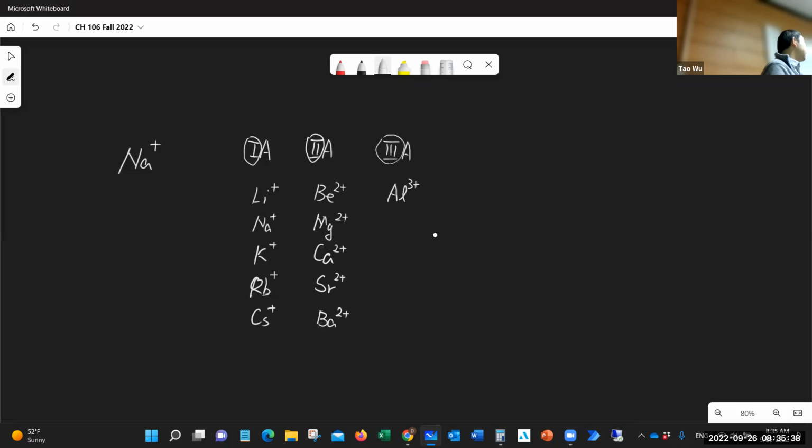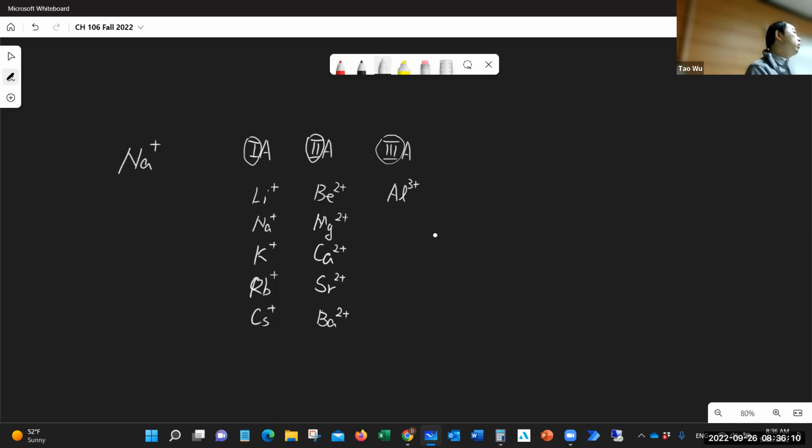Again, this is only for the A group, not for the B group. Not all the B group elements have a similar charge. Are you clear? You can also find the charges on the common ion sheet, but I recommend you become familiar with those metals because some of them are very, very common.